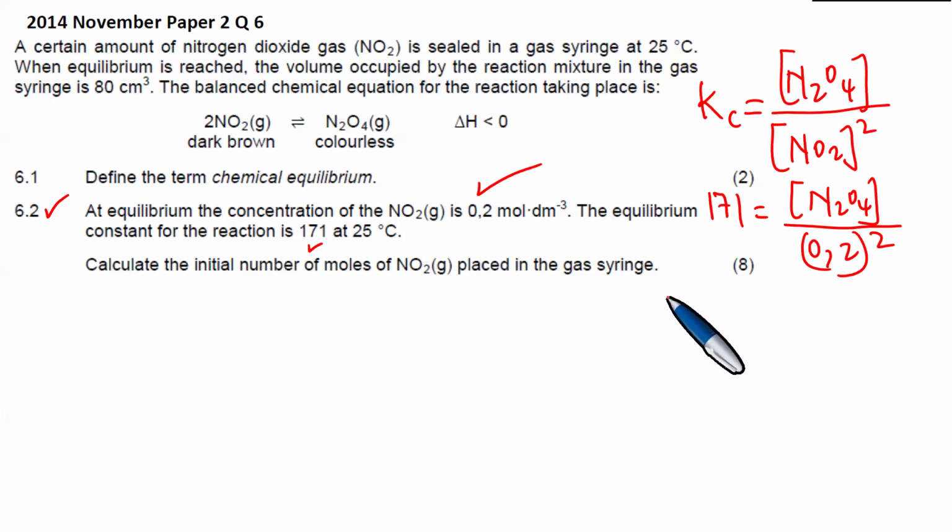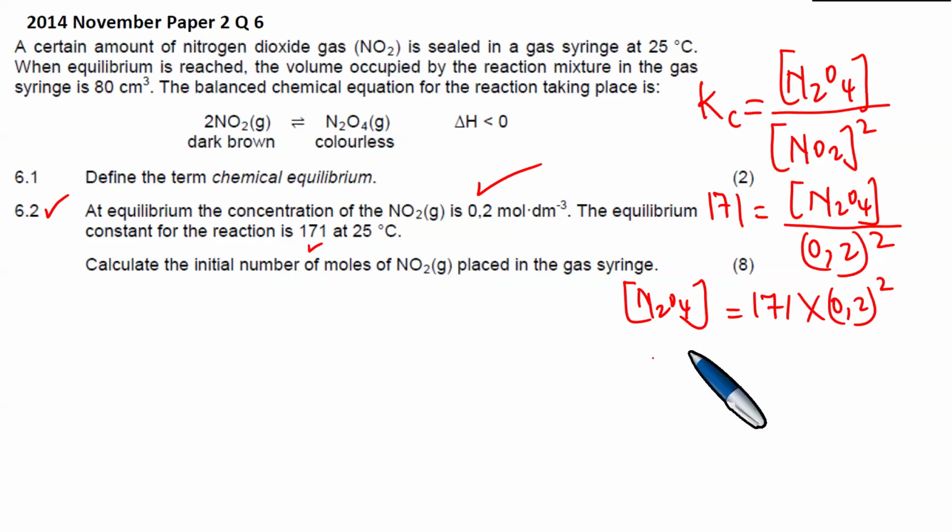From this equation, the concentration of N2O4 is the product of 171 and 0.2 squared. So now we're going to do the calculation here.